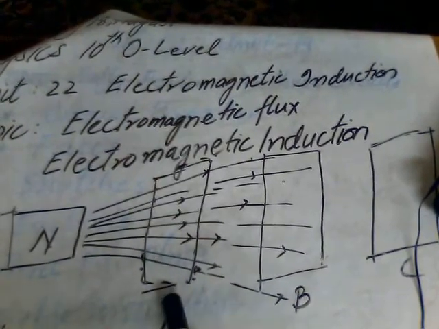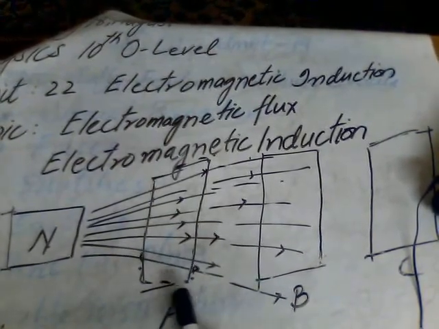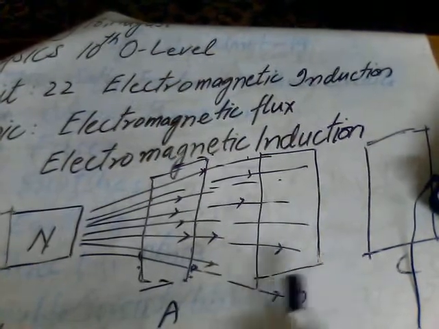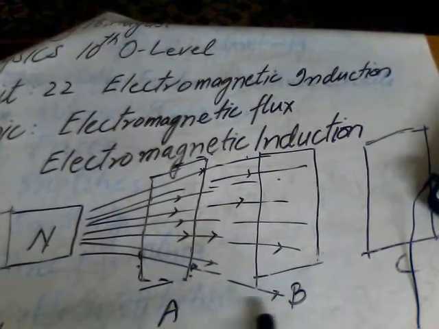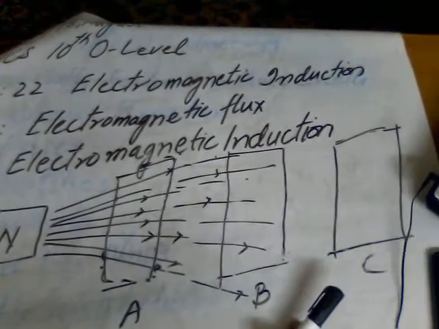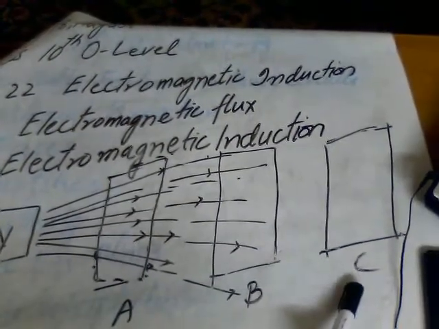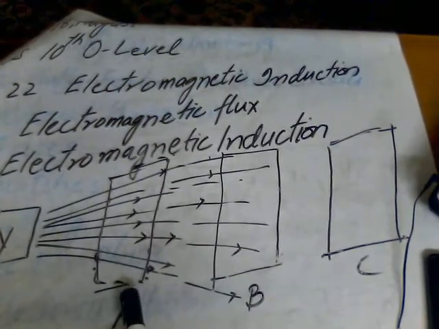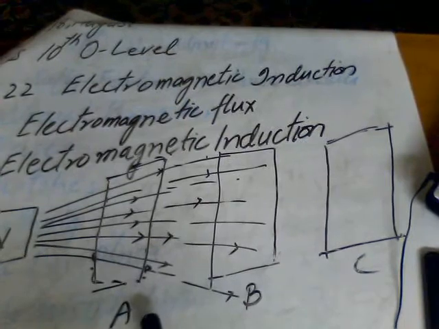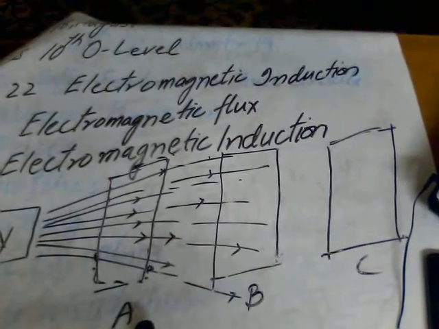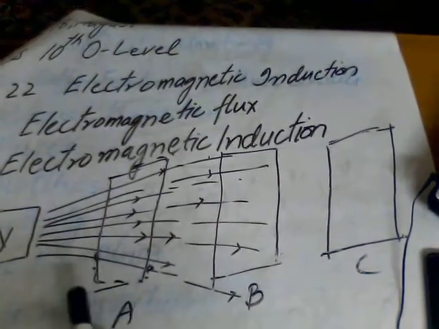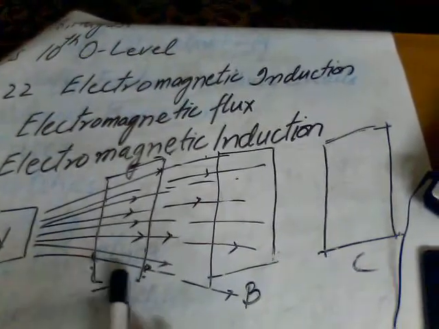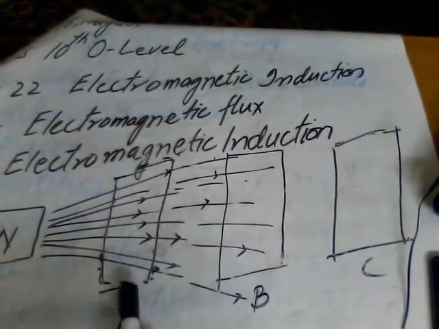Here is a rectangular coil at three points: A, B and then C. First the coil is at point A. Here we can observe that the maximum number of lines of force of the magnet are passing.